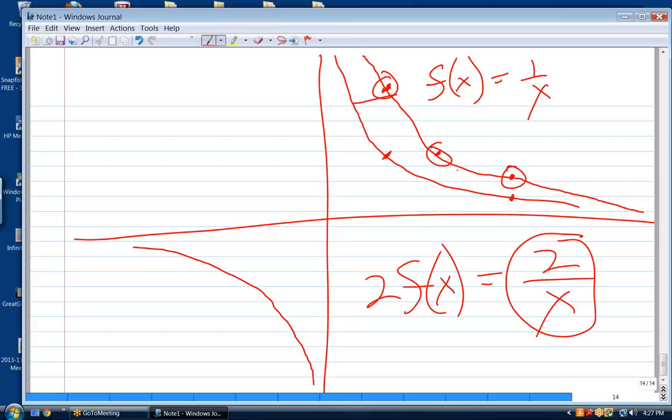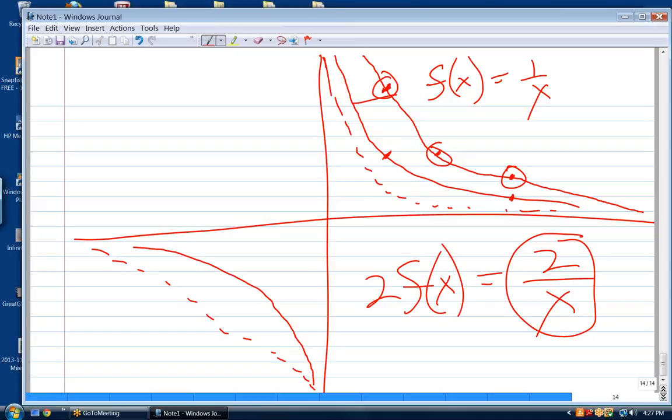Flatter, I guess? Instead of steeper. The other side of this is going to look like this. So this would represent a vertical stretch, not a vertical shrink. A vertical shrink would look like this.